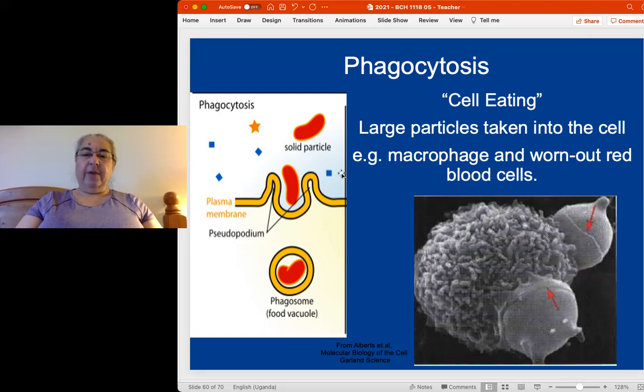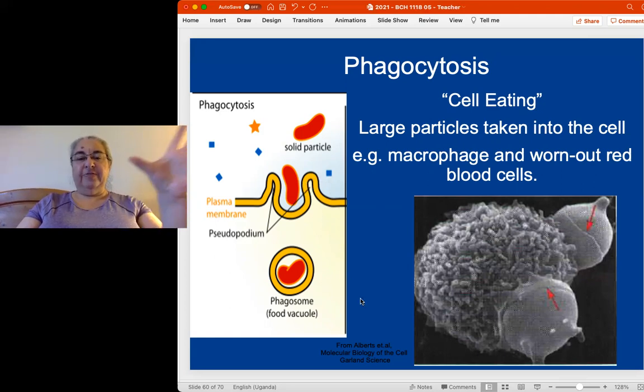So the way the macrophage is doing this is to put out pseudopods, that means false feet, all around the cell it's engulfing, or the particle it's engulfing, until the membrane meets on the other side.